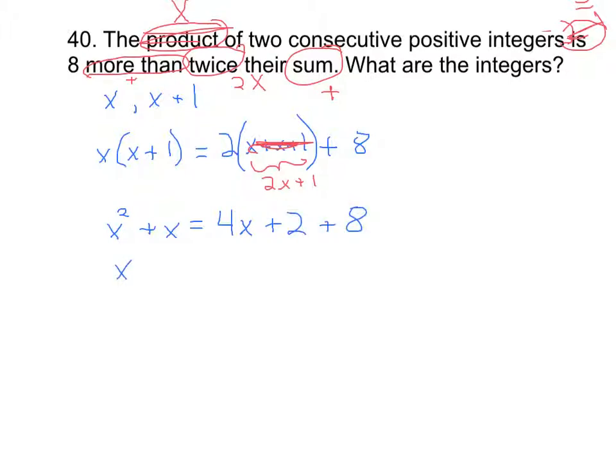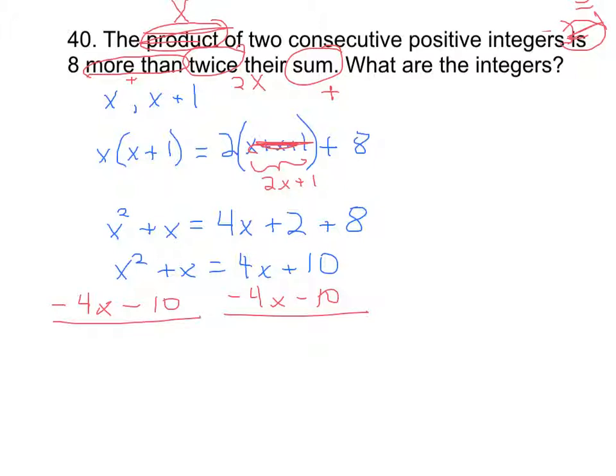So now we have x squared plus x equals 4x plus 10. To solve, we need to set everything on one side of the equation and make it equal to 0. And we do this by subtracting 4x and 10 from both sides of the equation.